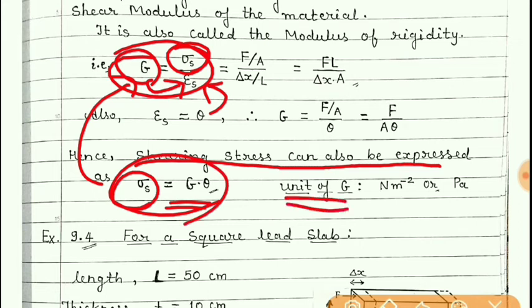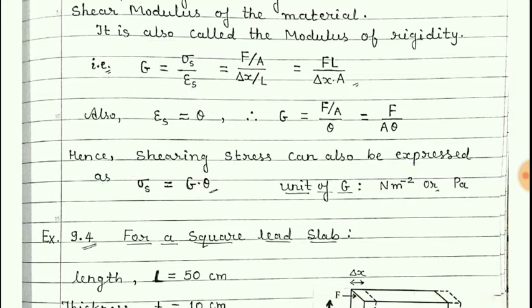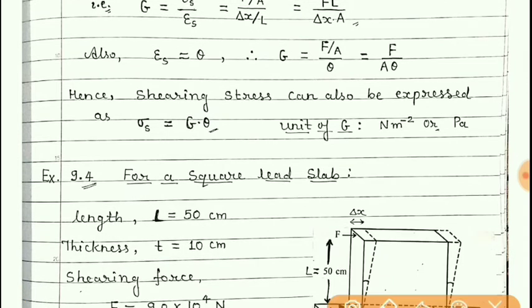Unit of G is Newton per meter square or Pascal. Any modulus has this unit only, whether it is Young modulus or shear modulus or any other modulus.